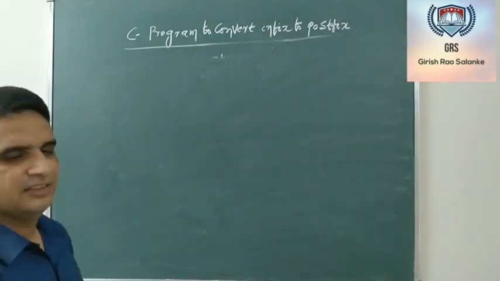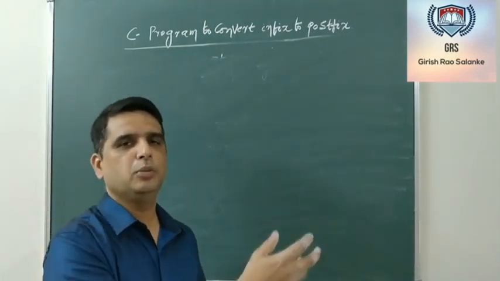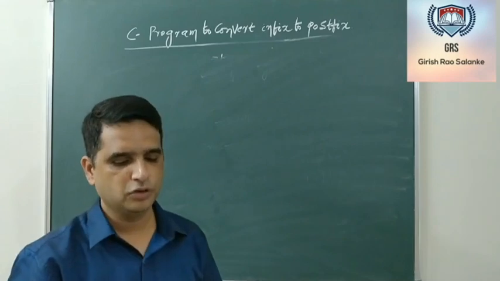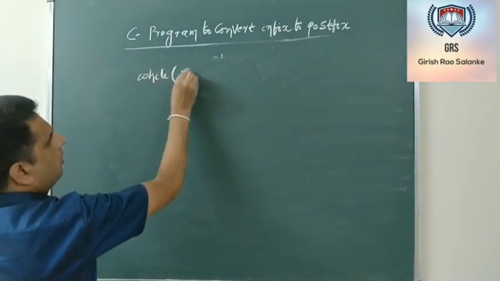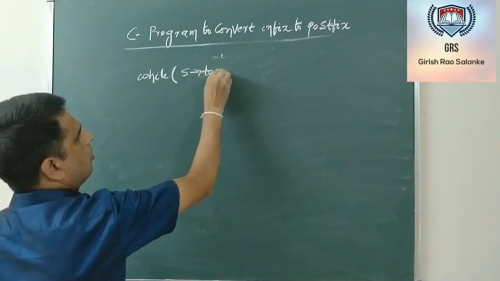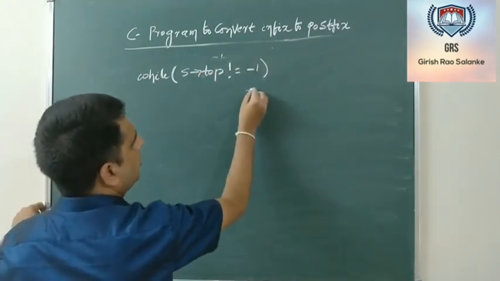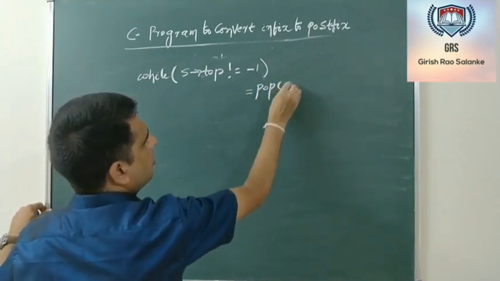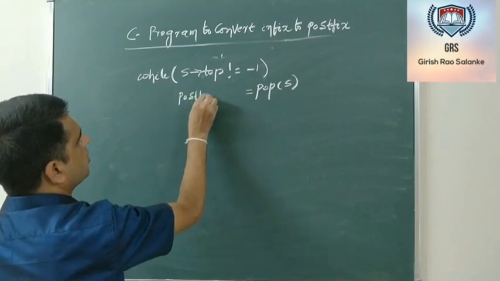What is step 3? Sometimes it may happen that there is some content in your stack. They need to be popped and placed onto postfix expression. So while S of top not equal to -1, until stack becomes empty, pop the content of stack and place them on postfix expression.